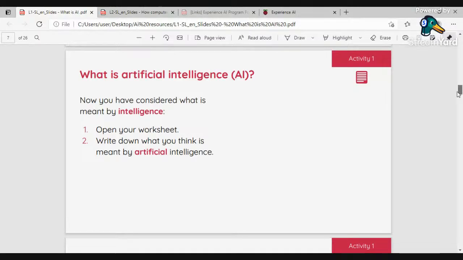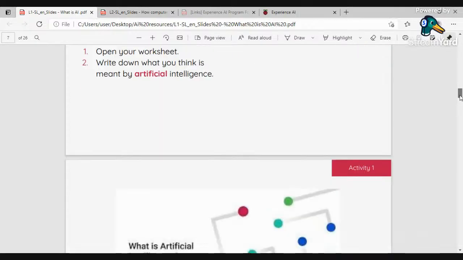Now this is activity one. You have to consider what is meant by intelligence, and we've looked at that. Definitely, you have your worksheets with you. For a very interactive session, you need to walk through the workbook given alongside this material, so you understand how to interact with it and also engage the students alongside.